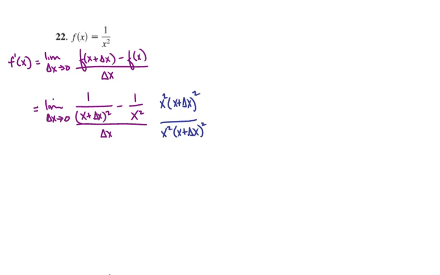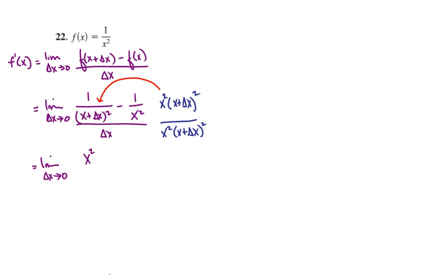And we're going to distribute that in the numerator to each of those two terms. And because we're using the least common denominator there, or the least common multiple of those two, our fractions are going to go away. So we have x squared times x plus delta x quantity squared over x plus delta x squared. We end up with the x plus delta x squared canceling, leaving only x squared.